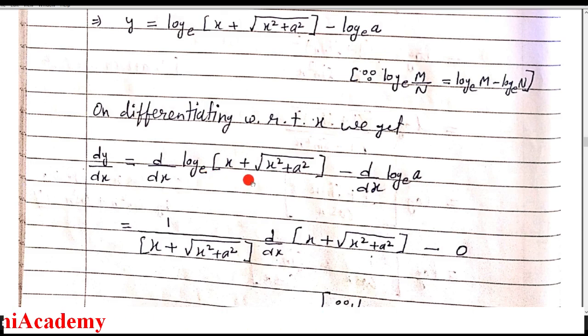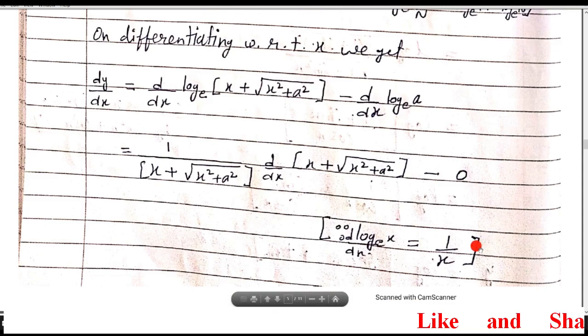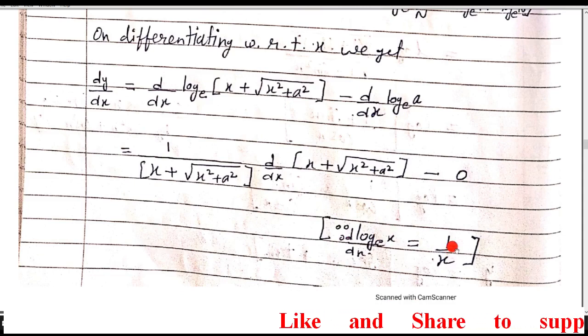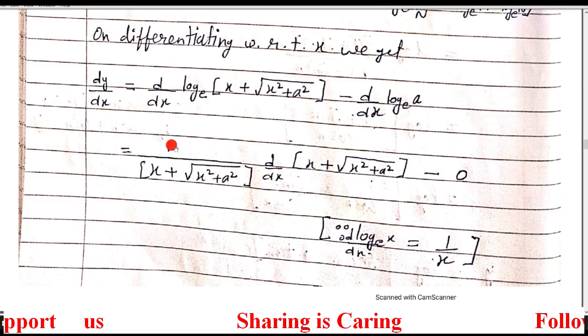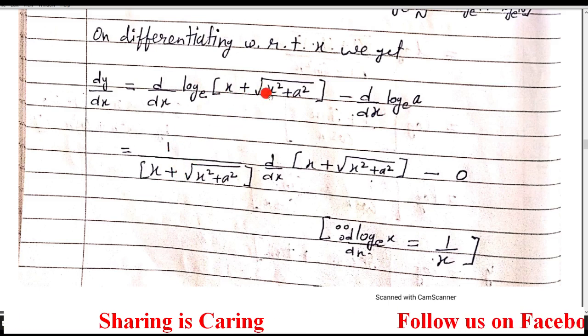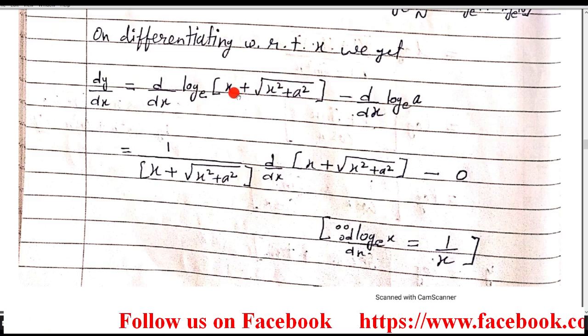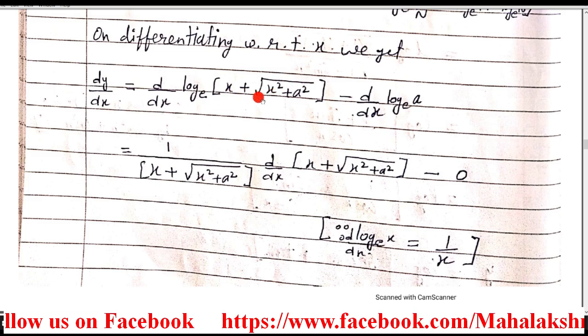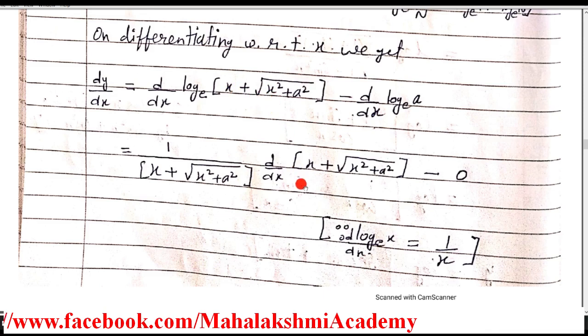When we differentiate it, we are going to use the formula: the derivative of log x is 1 upon x. So just think that this complete term is only x. When we differentiate log x, the answer is 1 upon x. But it's not only x, it is a higher polynomial of x. That's why we have to differentiate with respect to x again by the chain rule.